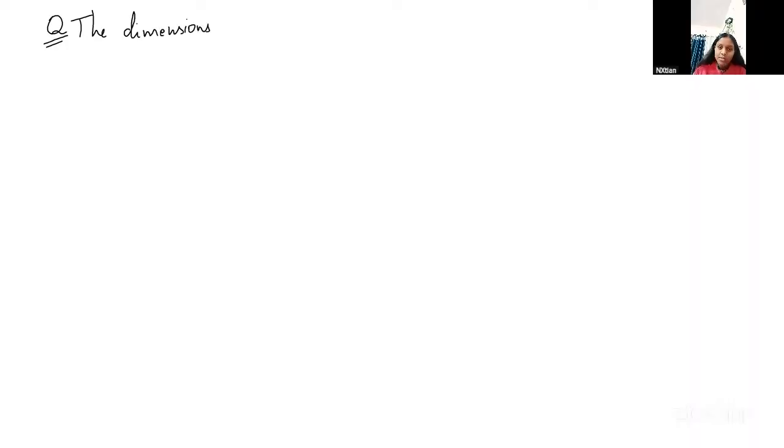The dimensions of a cuboidal box are 50 centimeter, 40 centimeter, and 30 centimeter.